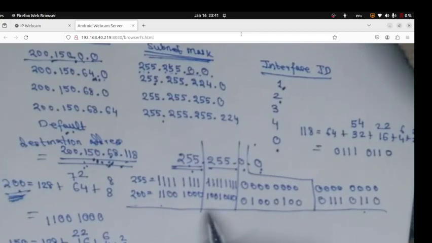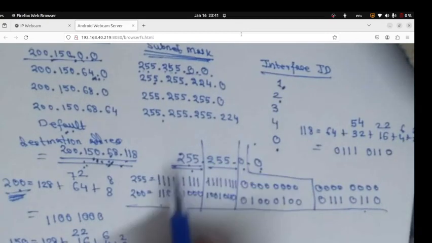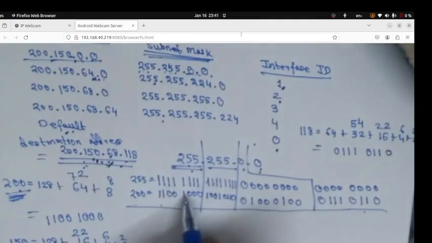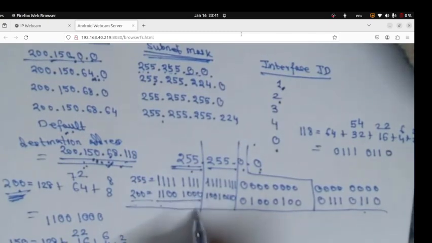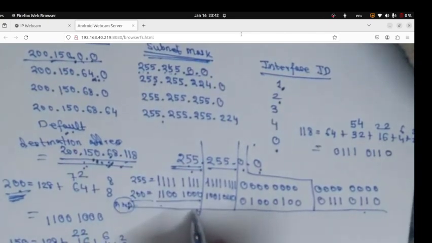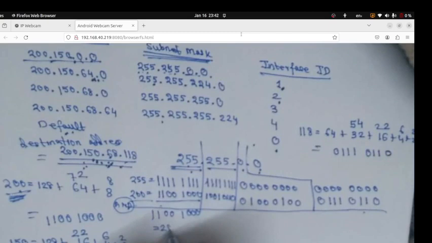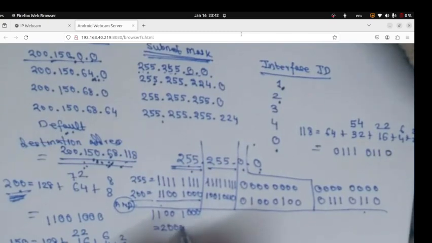For the leftmost octet, the value 200 will not change when we do the bitwise AND operation, which is equal to 200.